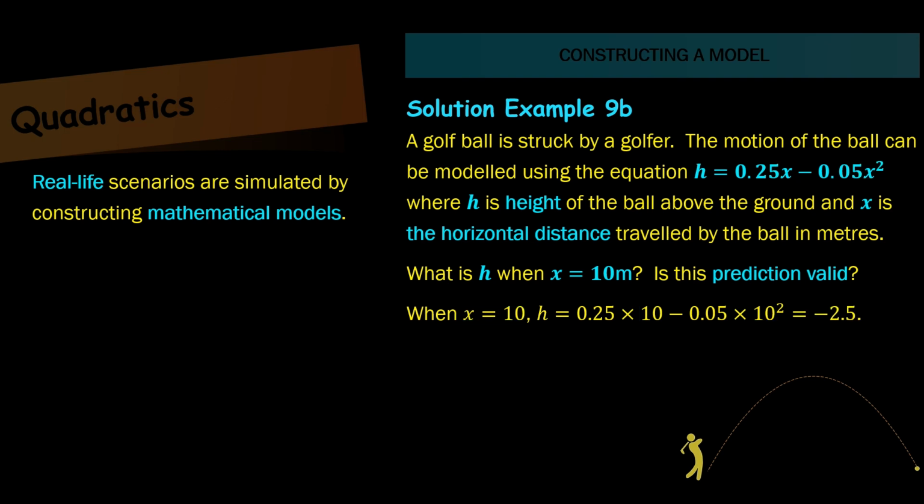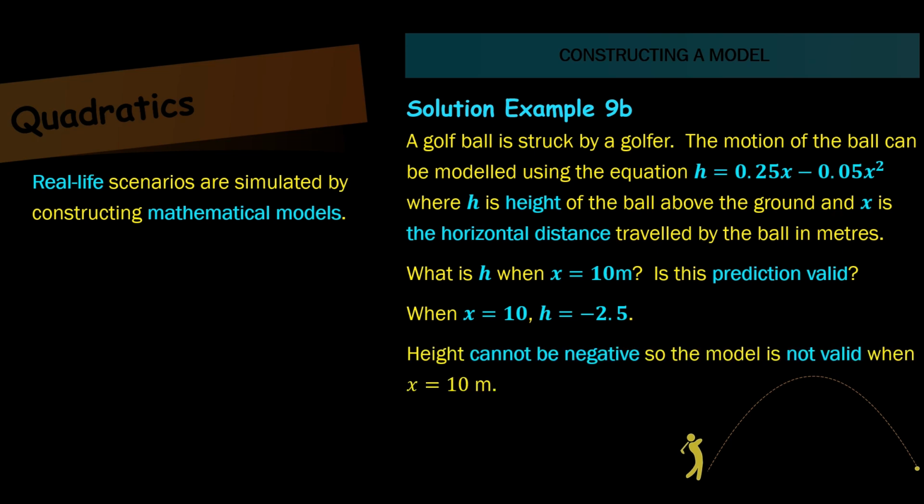So when x equals 10, h is equal to minus 2.5. We need to ask ourselves, is this prediction valid? Of course, height cannot be negative, so the model is not valid when x equals 10 meters.